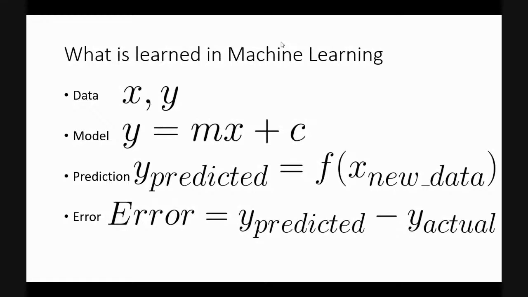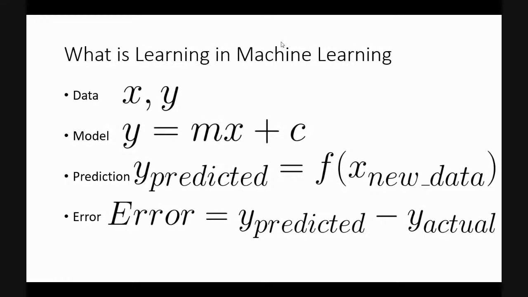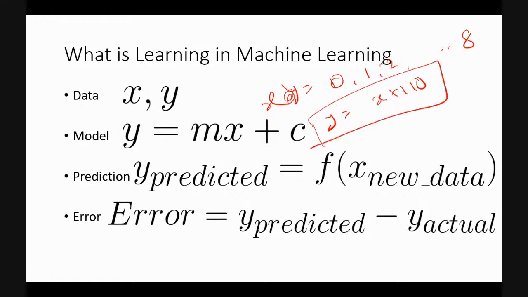Let's just gain a deep understanding of machine learning. So remember, when we are saying y is equal to mx plus c, which was like 1 0 1 2 up to 8. No, that was x, and y is equal to x plus 10, right?